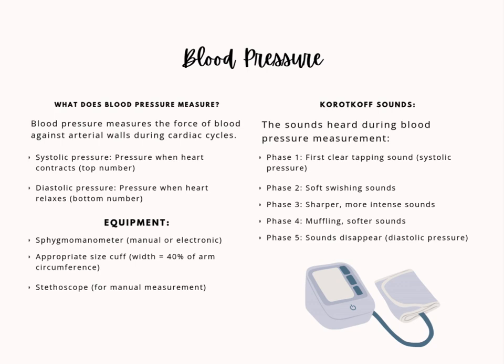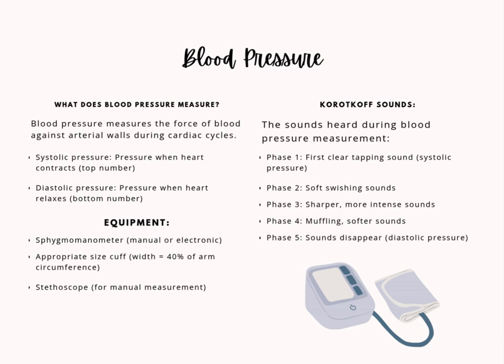The bottom number is the diastolic pressure, when your heart is at rest or relaxes and fills back up with blood, which is why your top number is typically always higher than the bottom number. That's supposed to be that way because the pressure should be higher when your heart pushes blood out to the body versus when it is at rest and filling back up with blood.